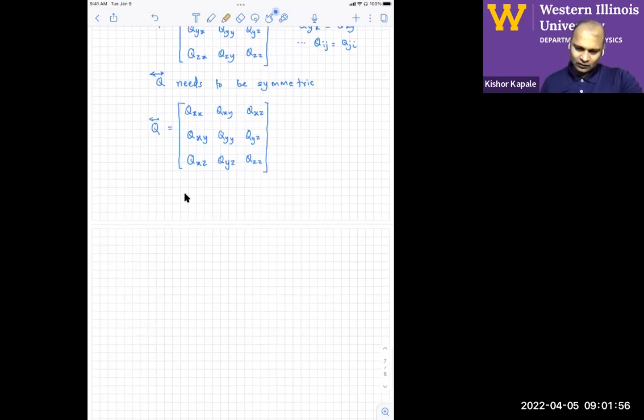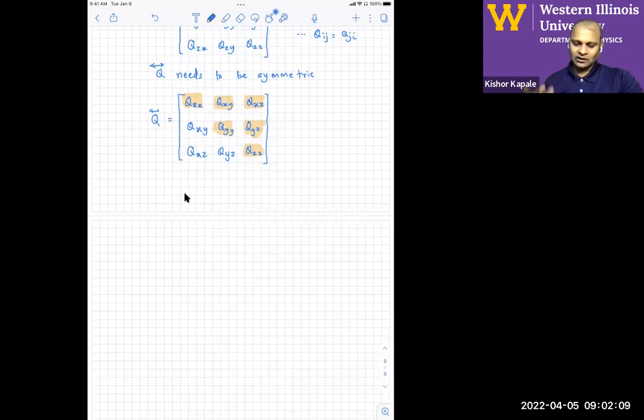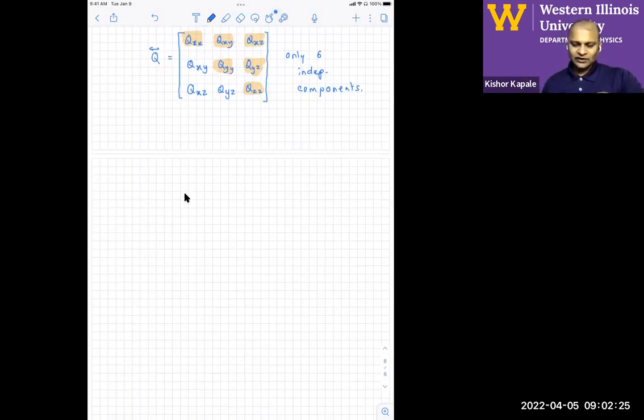And so you can see that there are only 1, 2, 3, 4, 5, and 6 unique values that you need, right? So you don't need all 9, only 6 independent components. That's a physical sort of limitation. The 3 diagonal elements and the top ones. So you basically need the top triangular section of it. You don't need anything else.